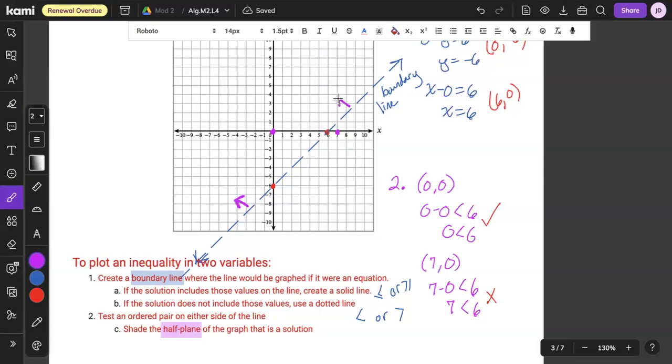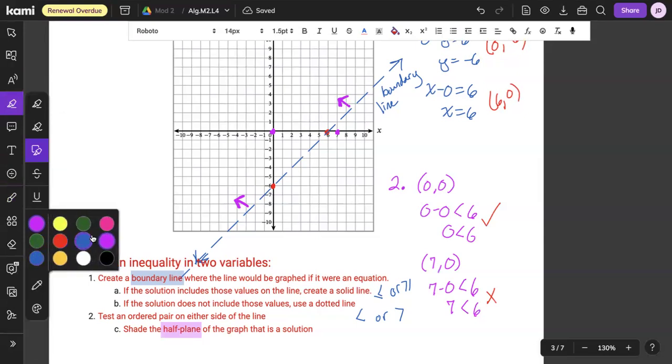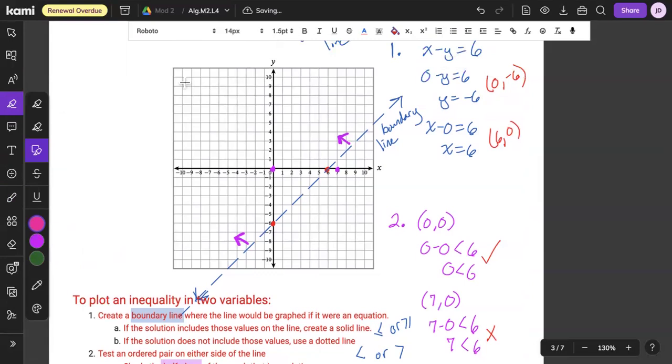And you're just going to put two little arrows next to your boundary line to tell you that's the side you want to take. And then, and this doesn't have to be pretty, just kind of filling in the side of the graph that is a solution.